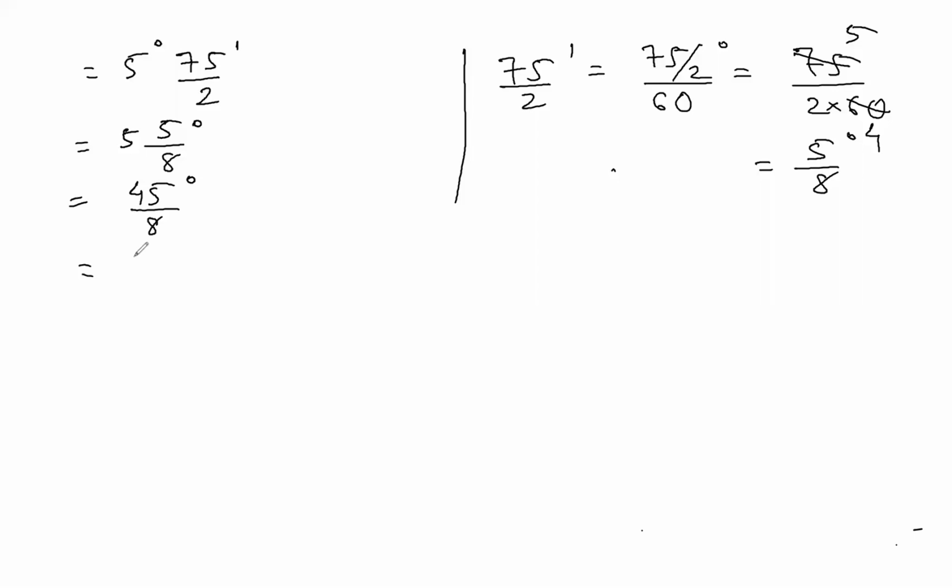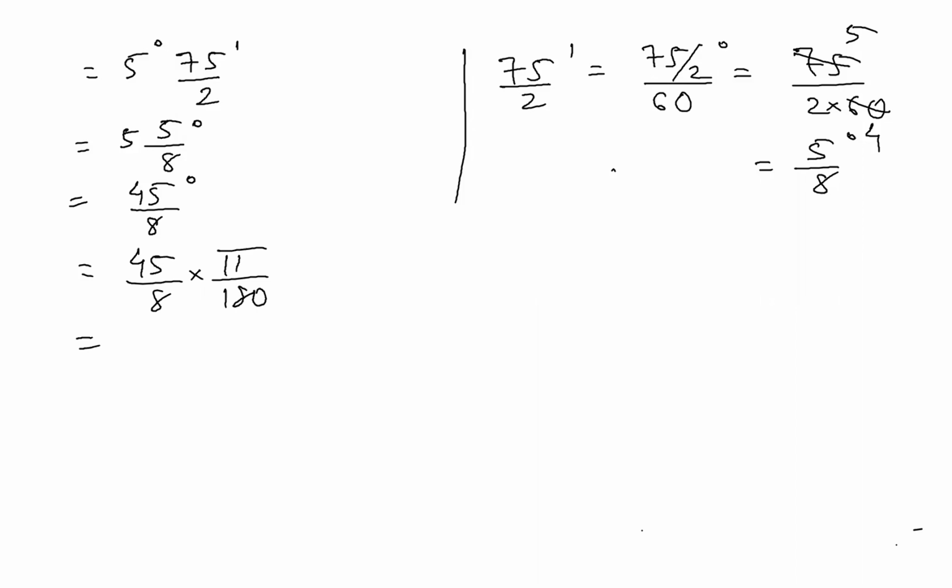That means 45 by 8 into pi by 180. We can cancel 45 and 180. I think some students already got the answer. Pi by 32 is the correct answer.